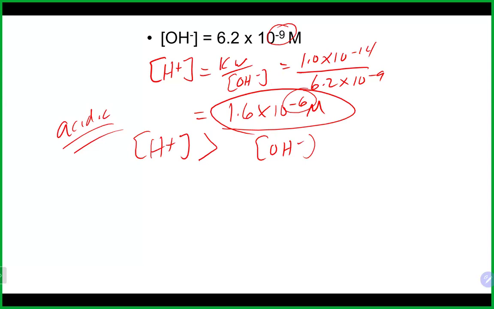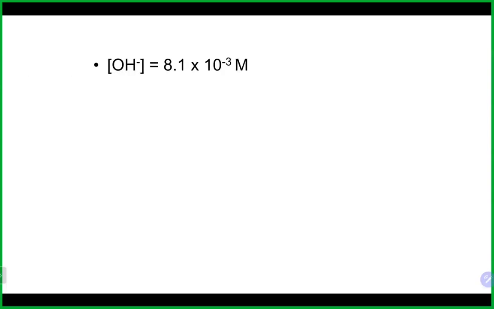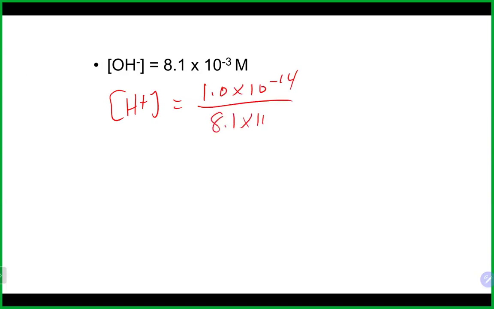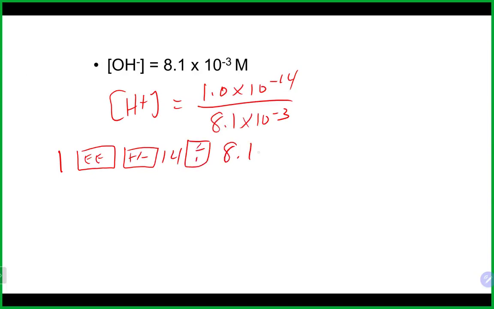Last one given to us here, I think, was this one. And again, it's going to be the same thing. Our H plus concentration will equal our KW, which is 1 times 10 to the minus 14, divided by 8.1 times 10 to the minus 3. Once again, to punch it in: 1, exponent button, negative button, 14, divide 8.1, exponent button, negative, and 3.